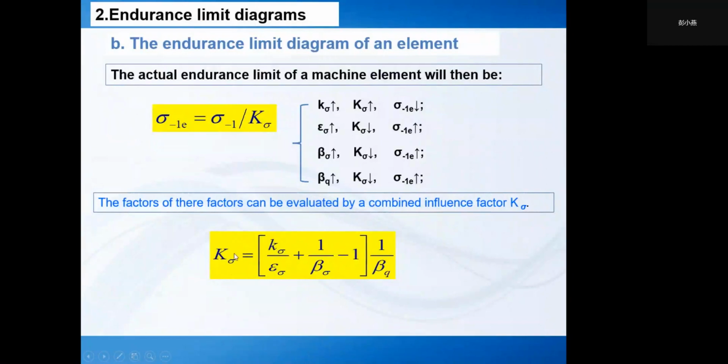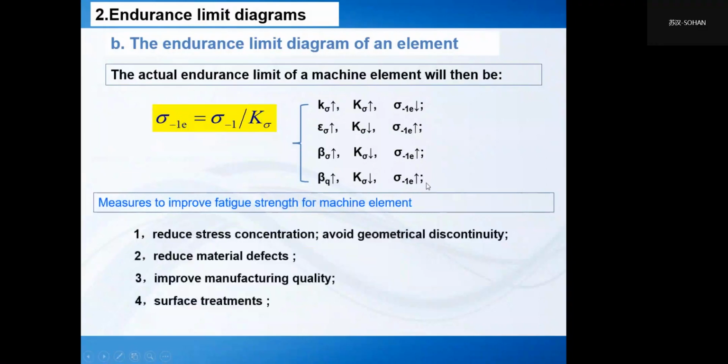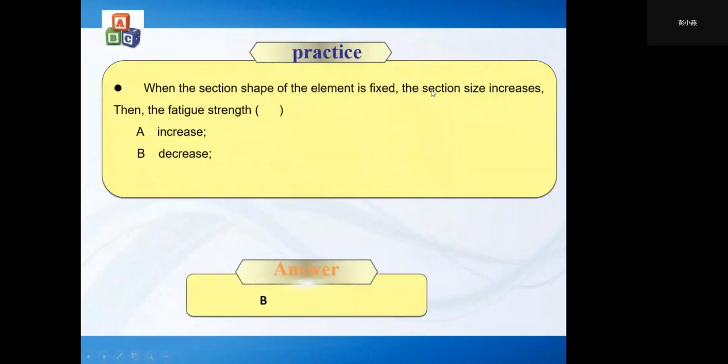This increase means sigma minus 1e will decrease, and sigma minus 1e is the endurance limit of the element. So with the size increasing, the fatigue strength decreases. So the answer is B. Any problem? Okay, no problem. Yes, the fatigue strength will decrease.